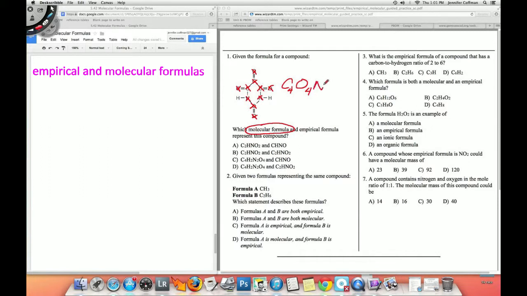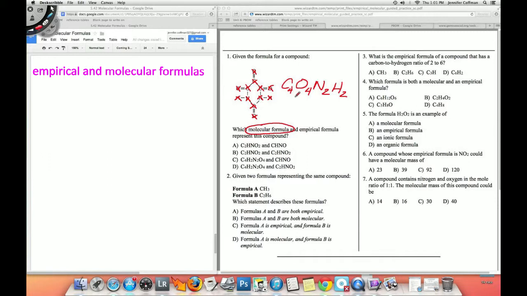And then we have 2 hydrogens, 1 here and 1 here. The reason I'm crossing them out is so that I don't get anything confused. So the molecular formula tells me I have 4 carbons, 4 oxygens, 2 nitrogens, and 2 hydrogens, because molecular formula tells us exactly the number of atoms we have in a molecule.